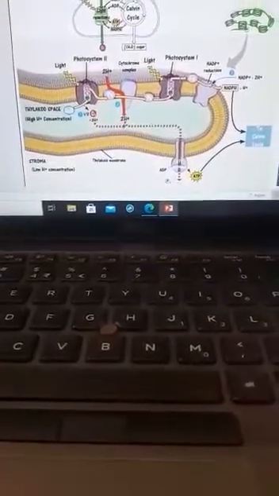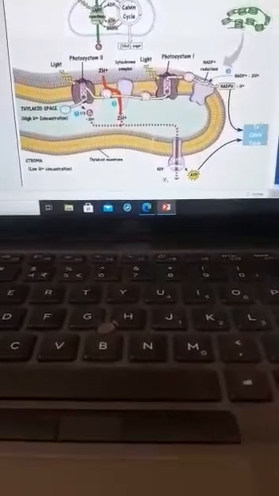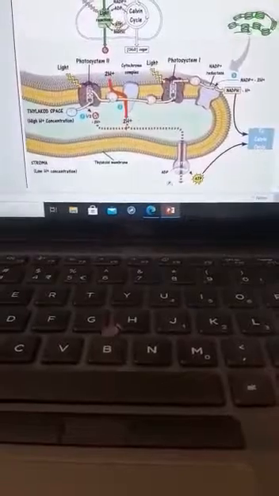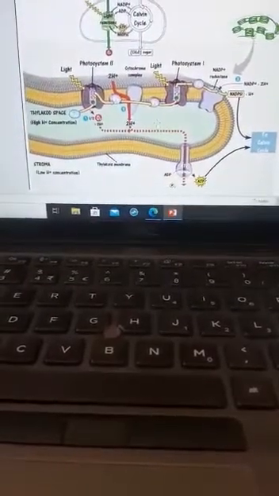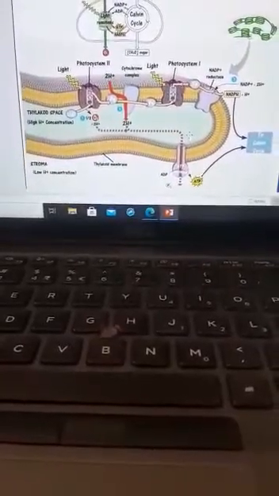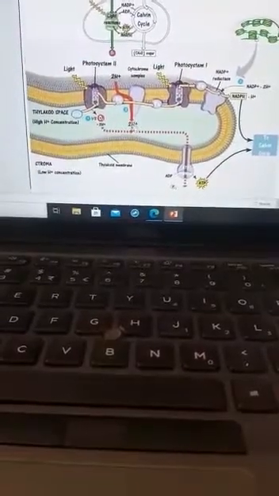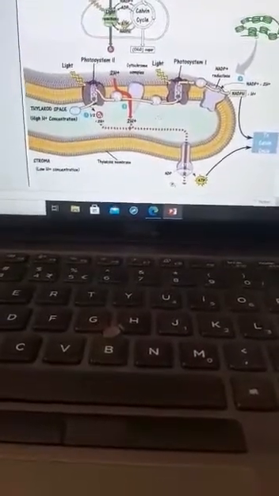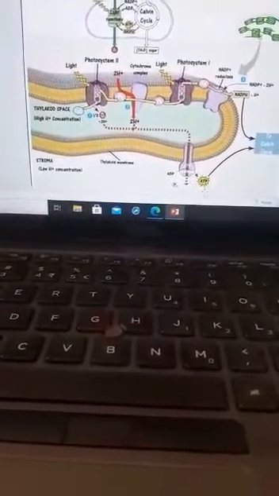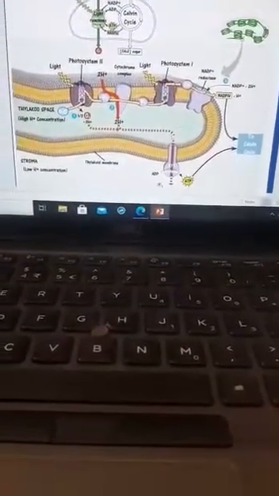So each and every time you have got more of something on one end and less of something on the other, there is potential energy there. Even in this case, because you've got more hydrogen protons in the thylakoid space and less in the stroma matrix, there is potential energy there. As soon as these hydrogen protons start to move from where they are more to where they are less, each time they are moving, that potential energy is unlocked.